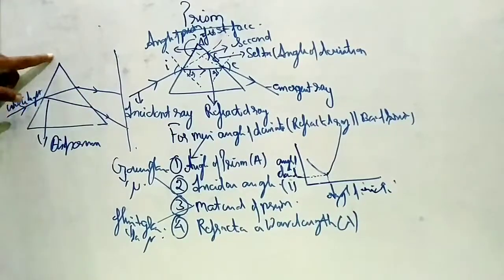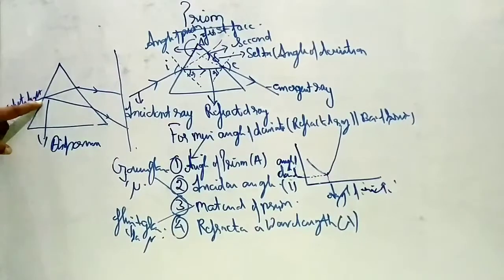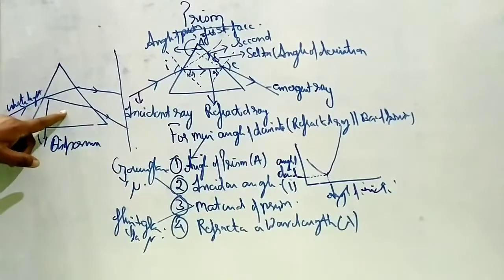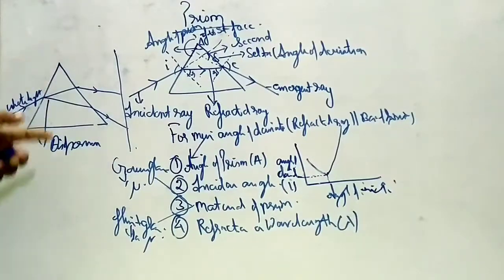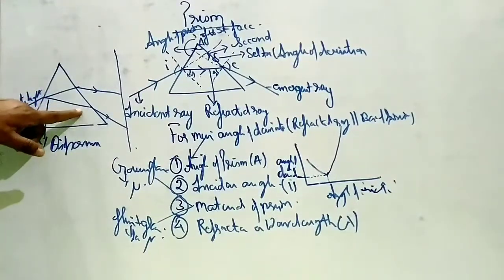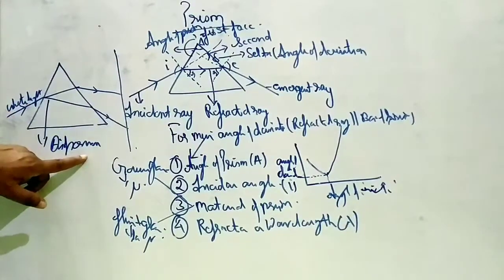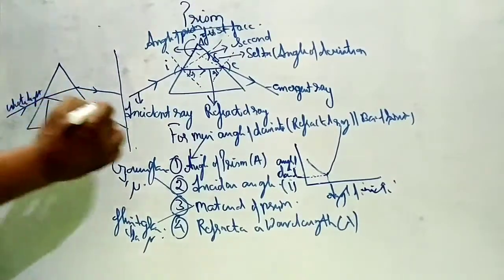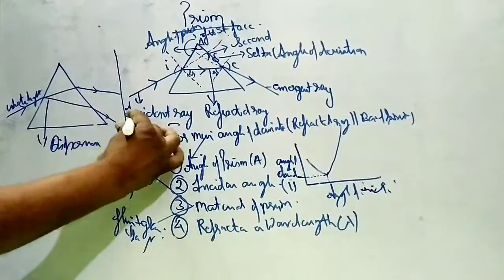What is the work of the first face of the prism? It disperses the white light into its 7 constituent colors. Why? Because at the first face, the light is entering from rarer medium to denser medium, where the speed of light changes and all the 7 colors have different speeds. So it disperses into 7 constituent colors. This phenomenon is known as dispersion, and the 7 colors formed on the screen are VIBGYOR.